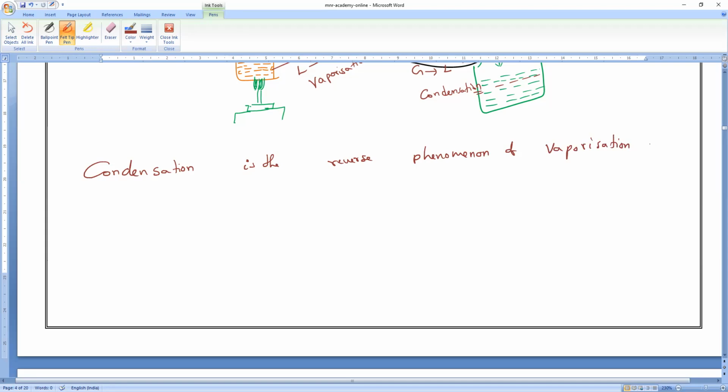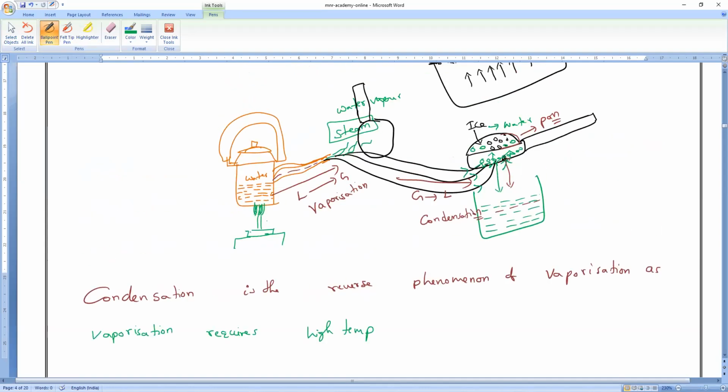Reverse phenomenon of vaporization. As vaporization requires high temperature or low temperature? High temperature. Vaporization requires high temperature. That is why, to convert from liquid to gas, we are heating, and from gas to liquid, we are cooling.